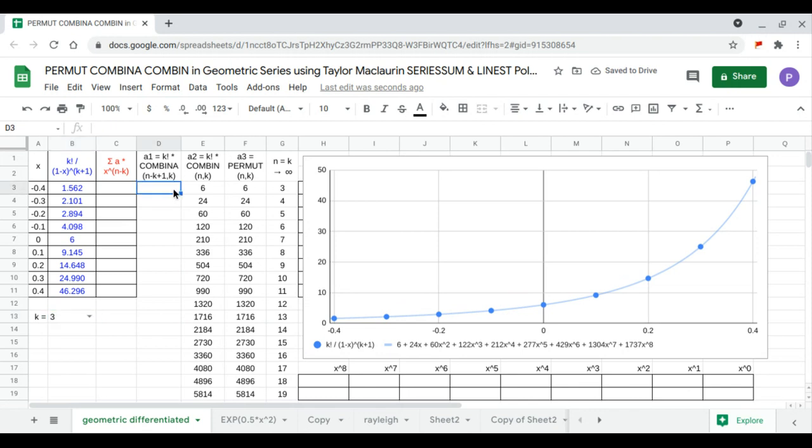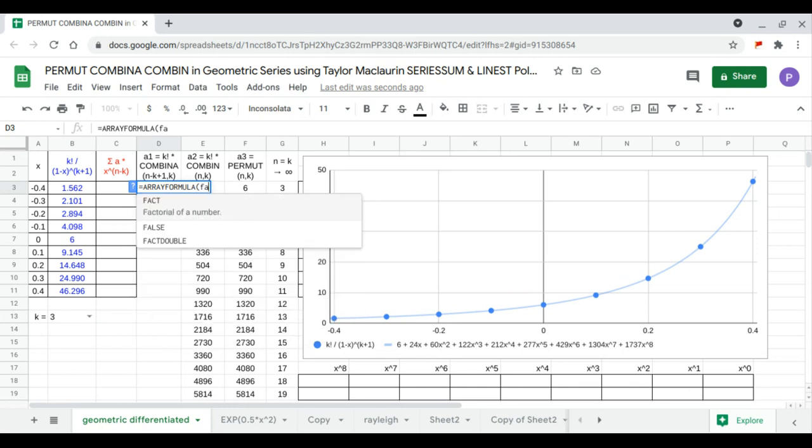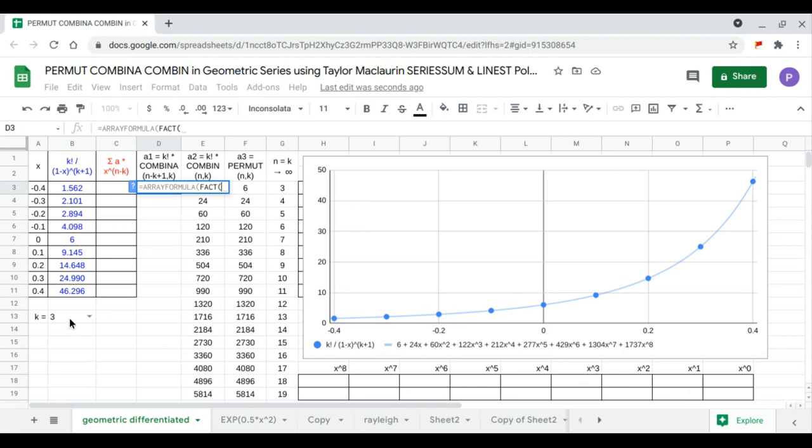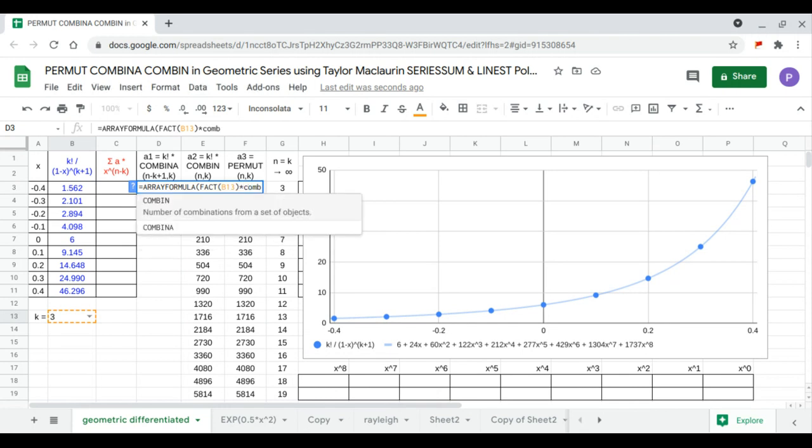Next, we use combina. This is an array formula. Again, factorial k times combina. This time we use combina.